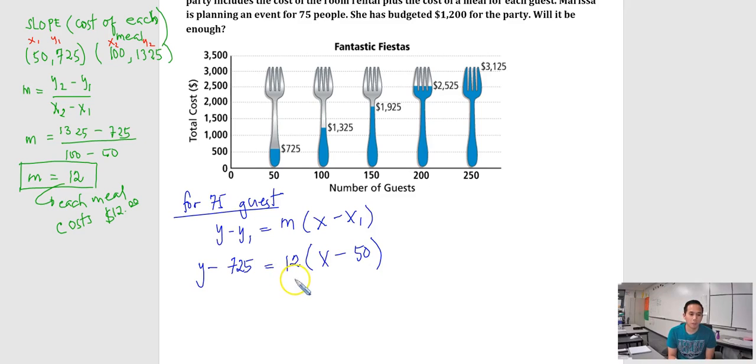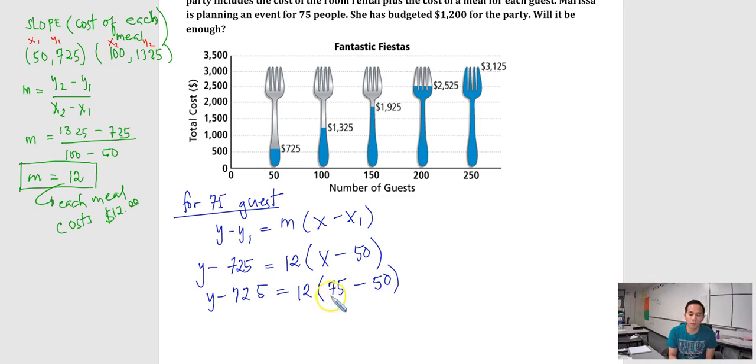Again, your 12 here is the cost of each meal. And then we can just simplify that. y minus 725 is equal to 12 times 75 minus 50. Why do we have 75?